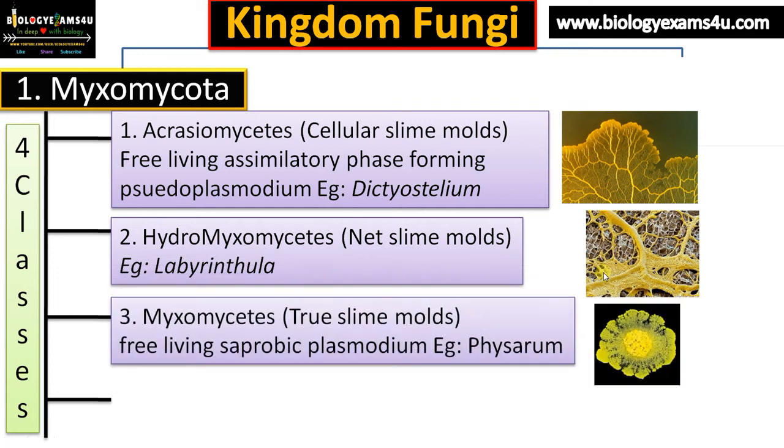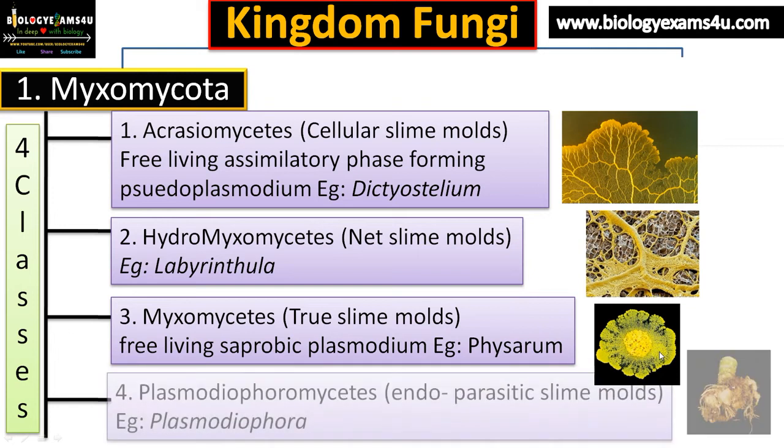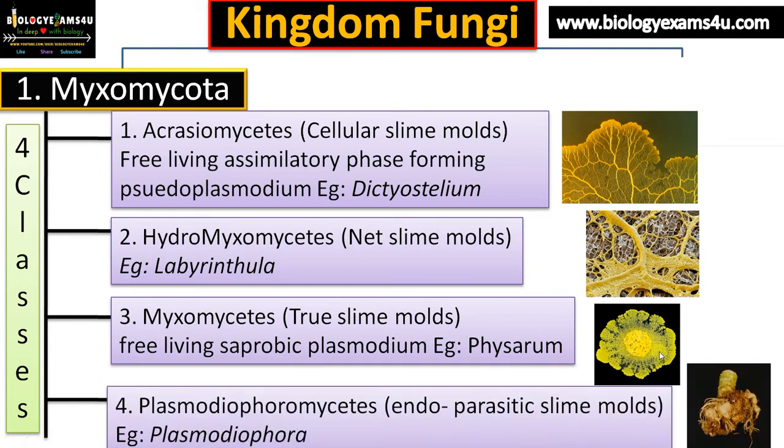And the third class is Myxomycetes. They are the true slime molds, which is having plasmodium, which is saprophytic. Classical example is Physarum. And the fourth class is Plasmodiophoromycetes, which is parasitic inside the host, often parasite in cabbage, then parasites in algae, etc. Examples include Plasmodiophora.